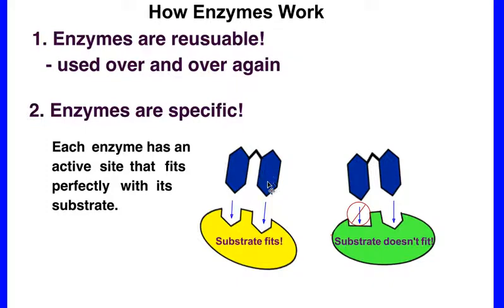So we could take that and sit it right in that active site. This green enzyme, however, does not have the same shape as my molecule, so this is not going to work. This molecule cannot be worked with this enzyme. It just doesn't fit the active site. It has to fit specifically.